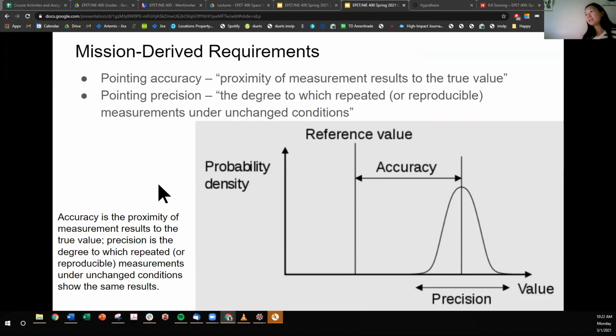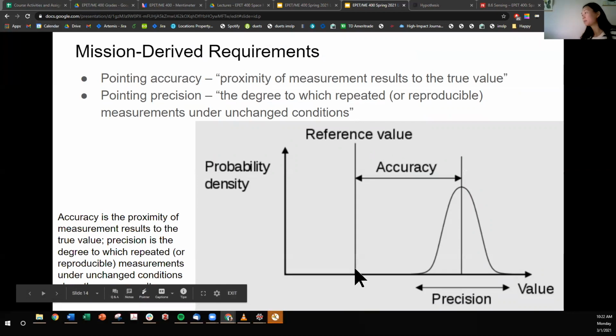And I want to make the distinction here between accuracy and precision. Say you want to get to a certain reference value. So let's say that I want to point perfectly nadir equals 0. So my reference value would be 0. My pointing performance would be at the expected value or mean of this probability distribution.